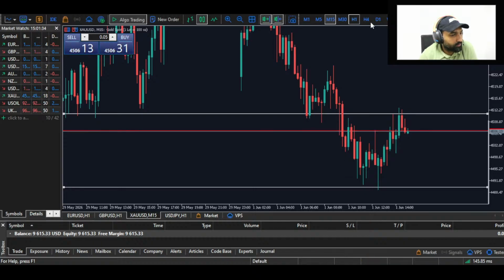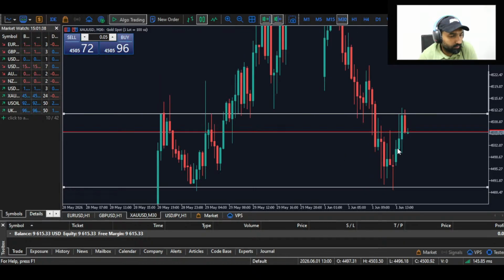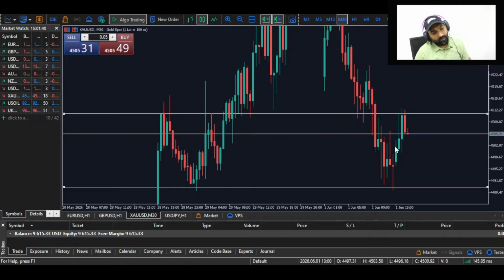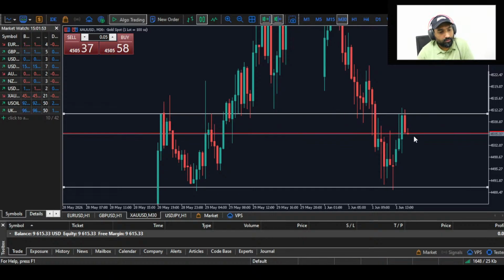We are now in New York open, and this was support. We break below the support, came down to the spot, and came back up to support. We did a resistance, I think so.